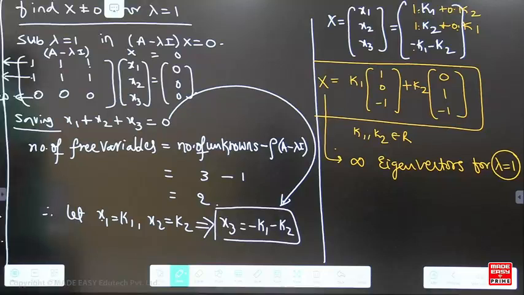Anduri Sai, I think your doubt is clear now. Harshavardhan, as the k value can be any number, we are getting infinitely many vectors. That's why infinite eigenvectors.